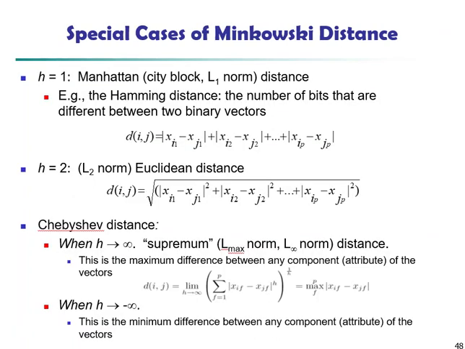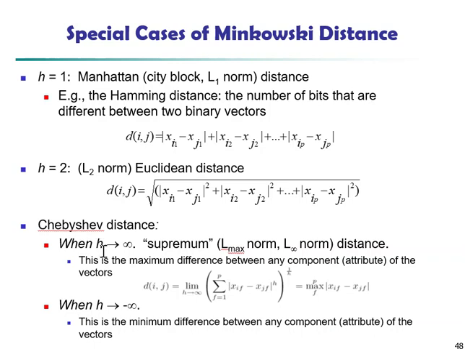So special cases of Minkowski distance: when h is 1, it's Manhattan distance, city block. So the previous formula is going to become this when we replace h with 1. When h is 2, which is L2 norm, it's Euclidean distance.